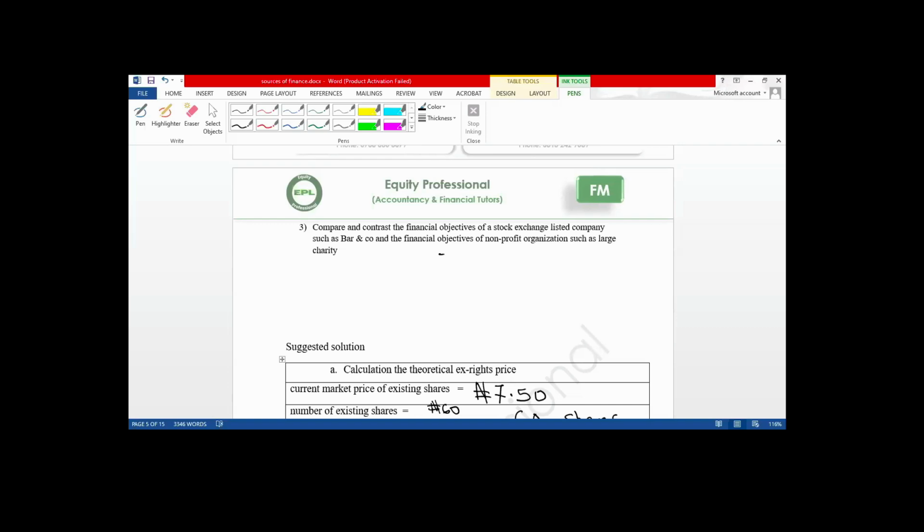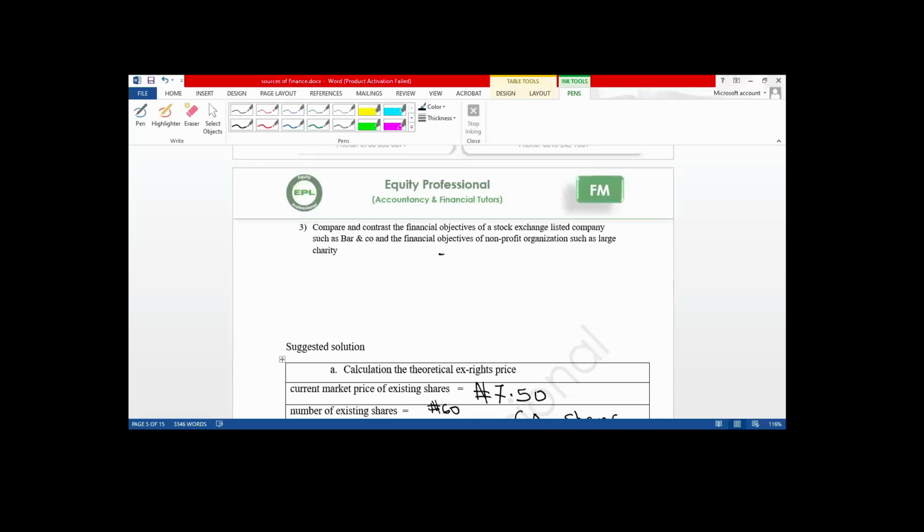Please, these are likely questions in your exam. These are some of the things that happen at the introduction to financial management.